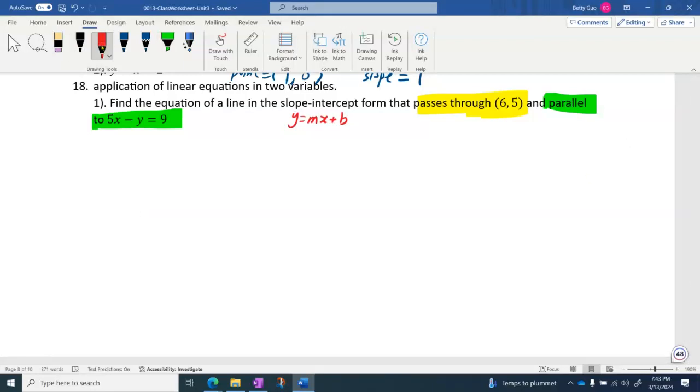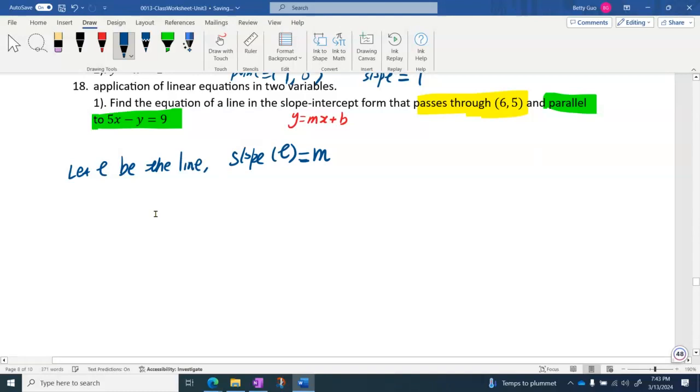Let L be the line we are looking for, and the slope of L is m. It's just for convenience later when I explain.